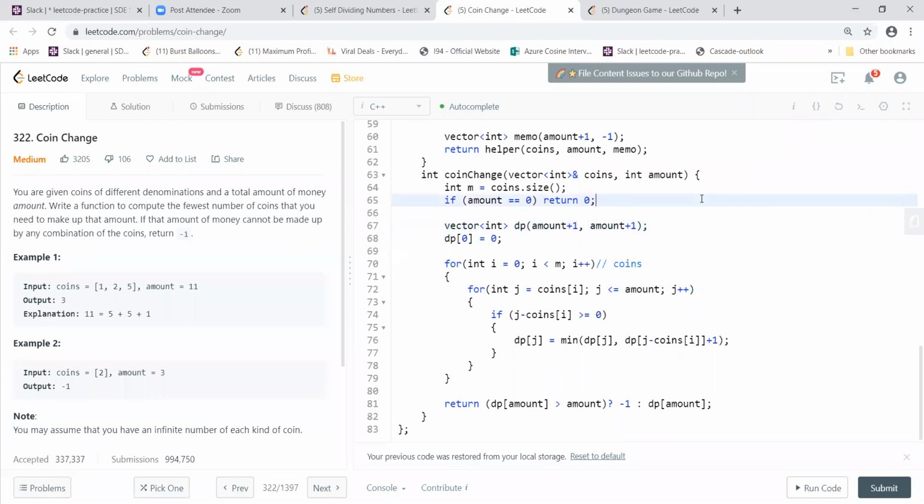Okay, so shall we move to the next problem? I think we were talking about the time complexity for the previous problem. You mean the first problem? Yes, the time complexity I was talking about. Because of that while loop, it will take log of n.